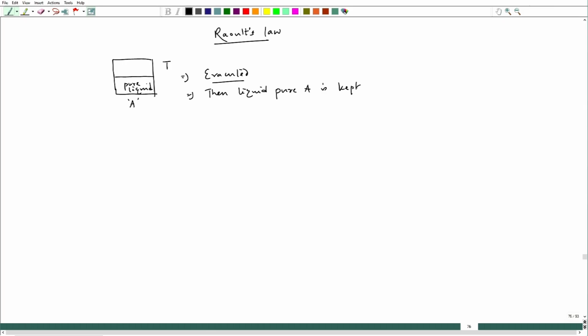So, once we keep that, as we have understood before when we looked at equilibrium in a single component system, vapor will start forming.